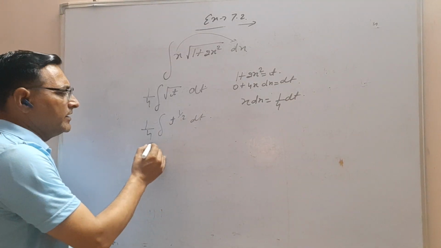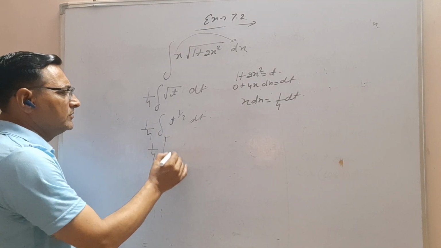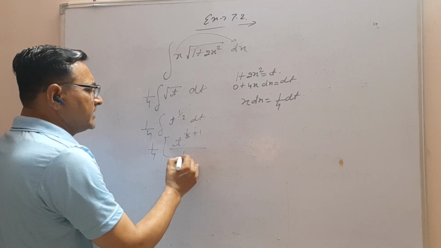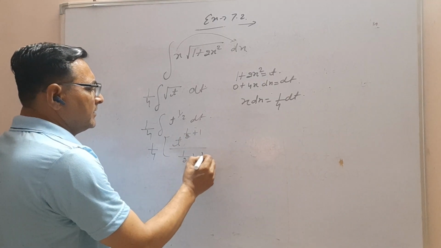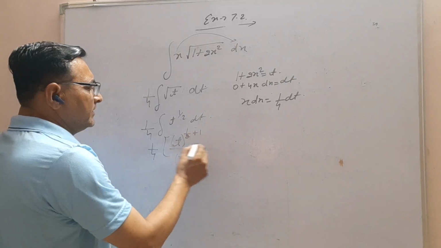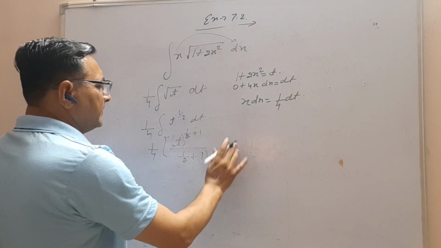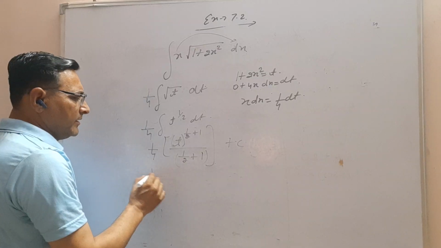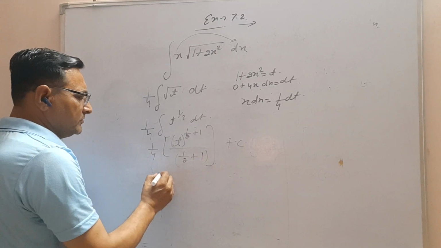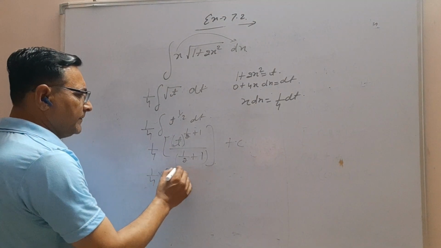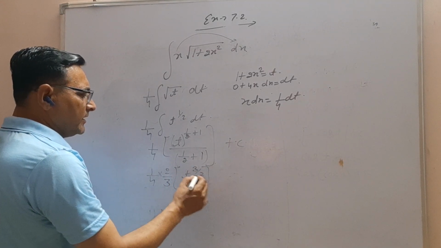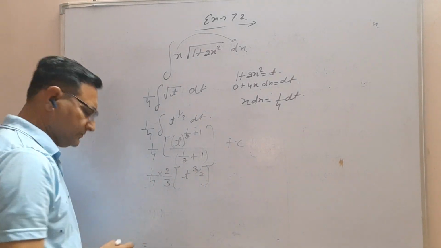Constant in the power of variable, so you can add 1 to the power, and the same number in the denominator, and the derivative of t is 1. You can write here plus c, the integrating constant. It will be 3 by 2, so you can write 2 by 3 into t power 3 by 2. Now put here the value of t.